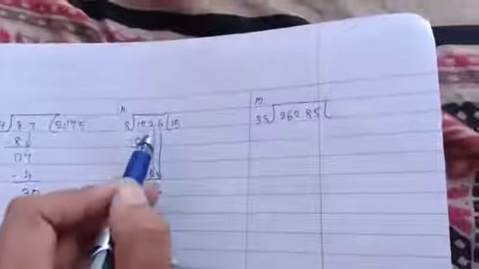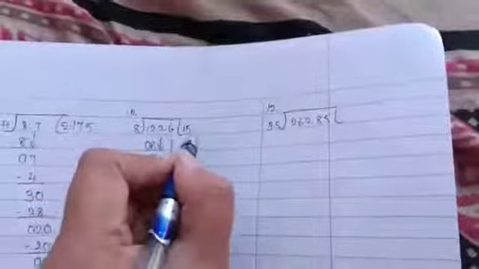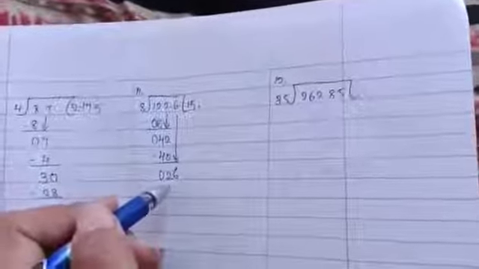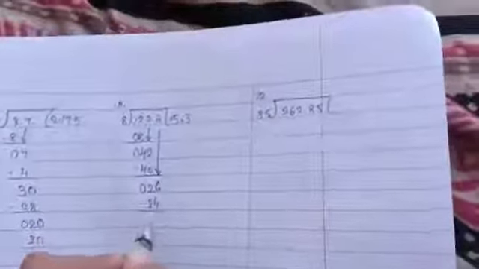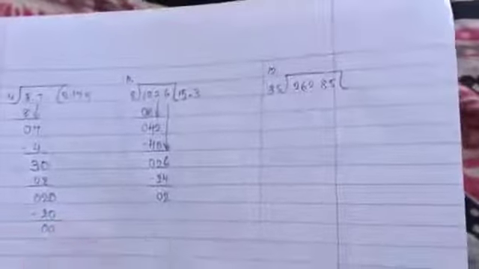Now this 6 I should carry down. But this 6 is after the decimal point. So here also I have to put one decimal point. Now in the 8 table, 26 is coming? No. So 8 3s are 24, I will take. Okay. So what is left with me? 2. Now 2 is remaining. So what should we do? We should put 1 0, but here no further decimal will come. Okay. Now in the 8 table, 20 is not coming.